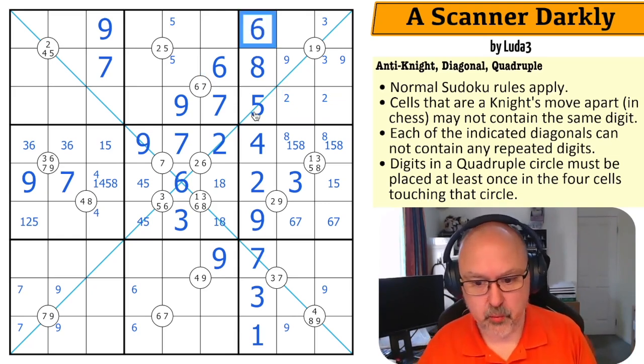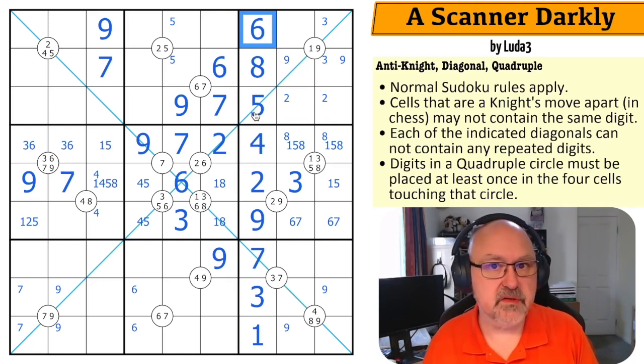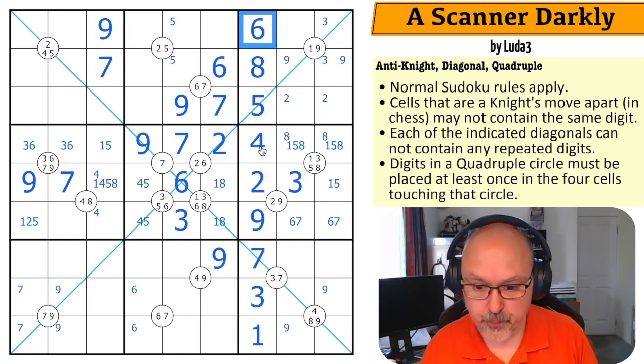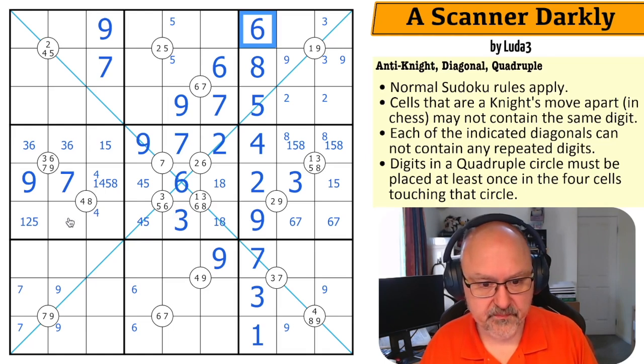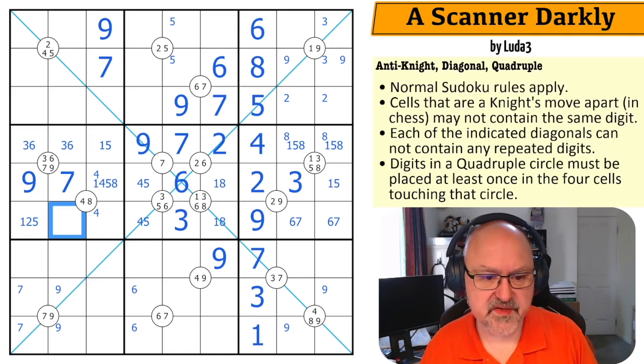I mean, I'm not out of the woods yet, not that I was in woods, but yeah. So this can't be 4 or 5. So it's 1, 2, or 8 only.